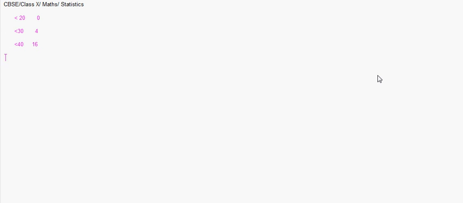We have to figure out our own continuous data table. Less than 50 is given to be 30. Less than 60 is given as 46. Less than 70 is given as 66.